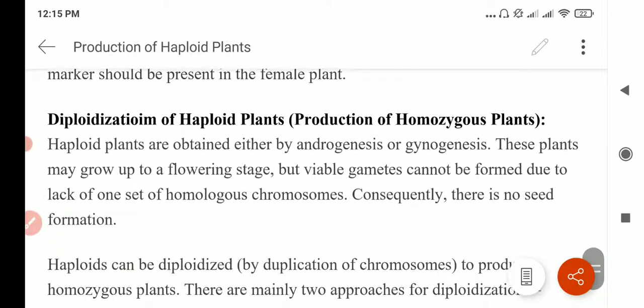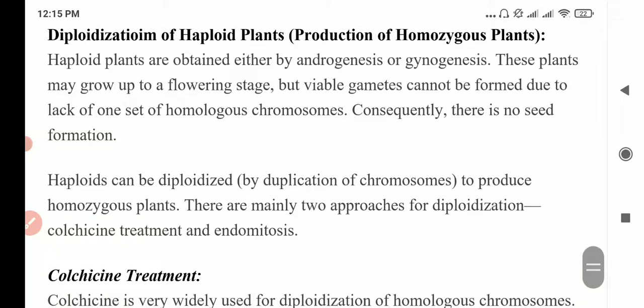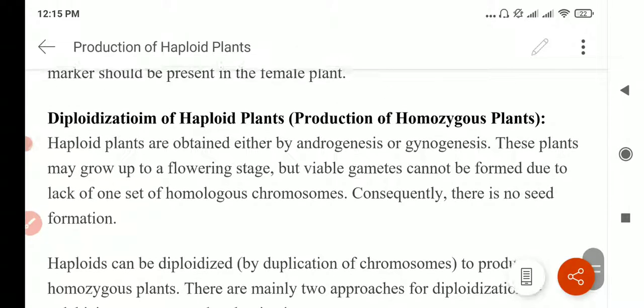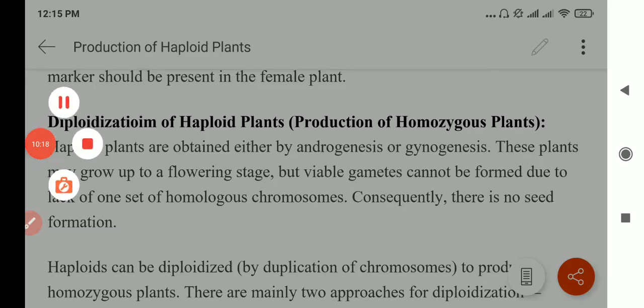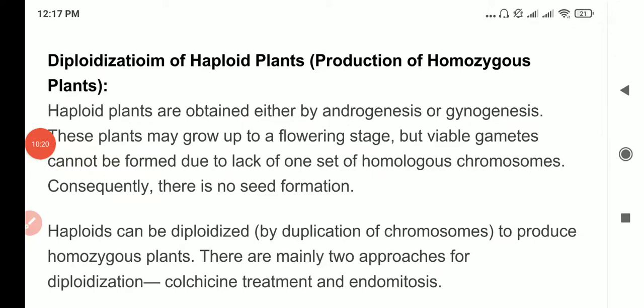So after creating a haploid plant, to make it strong, you have to diploidize it. Okay, make those n into twice n. So you got your haploid plants by androgenesis or gynogenesis.